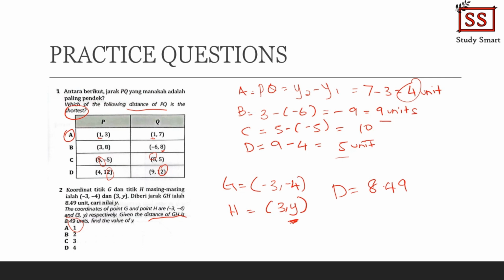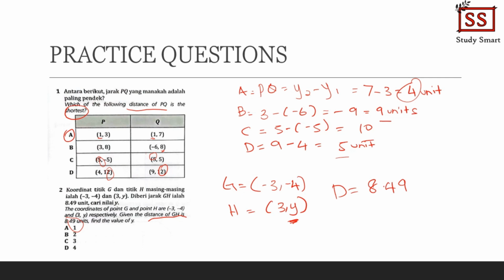In this case, it is better to assume that the y coordinates of G and H are different, because if you assume that the y coordinates might be similar, you cannot solve the question. The question is asking to find the value of y, so assume both points have different coordinates.